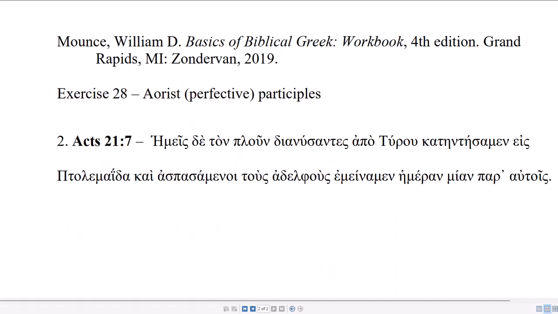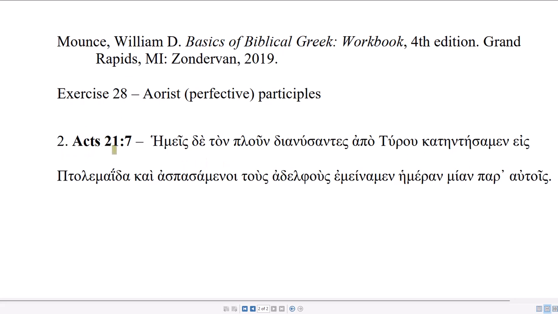Let's take a look at a verse that's got some aorist participles in it. We're going to look at a verse that's in the workbook exercises for a Basics of Biblical Greek workbook, in chapter 28, number 2. The workbook only has the last part of the verse, but I've included the whole thing because it's got another participle in it, and it has some interesting features that I think will be helpful to look at.